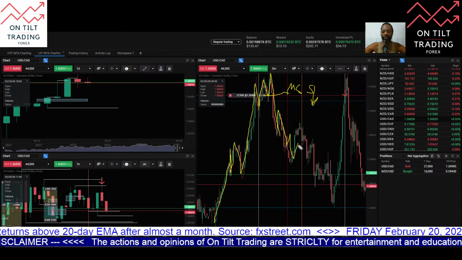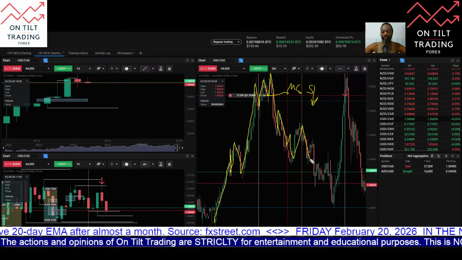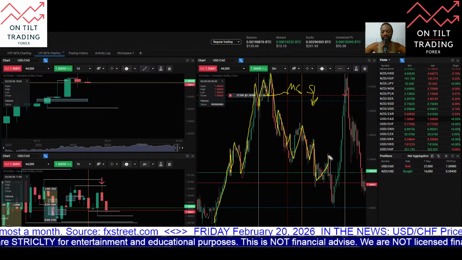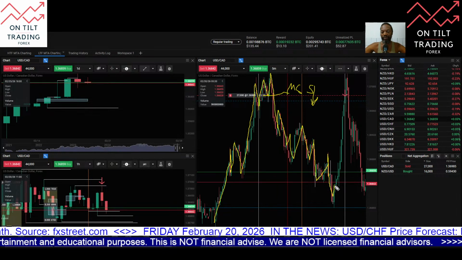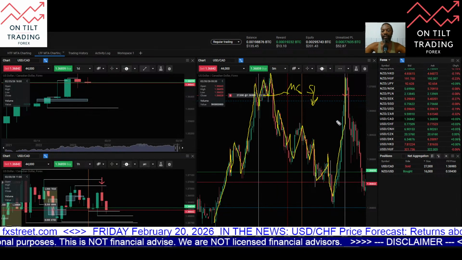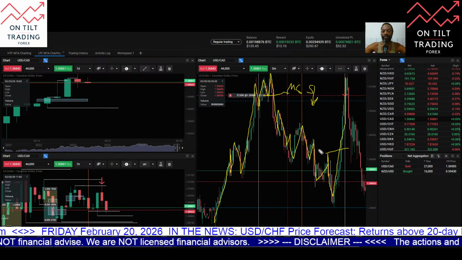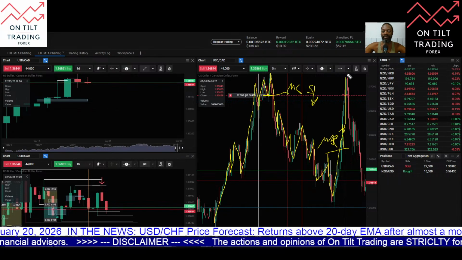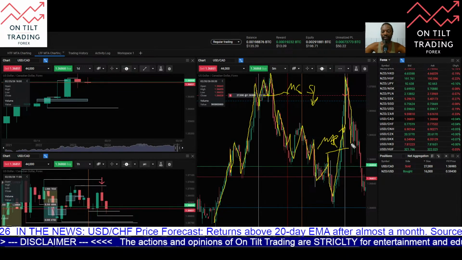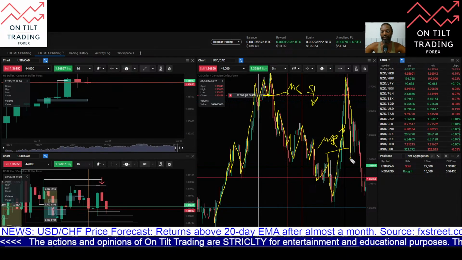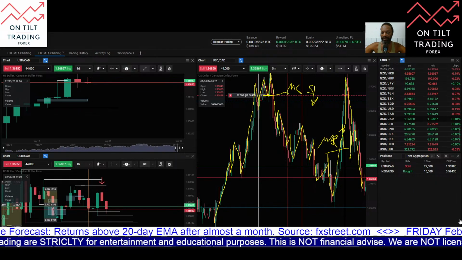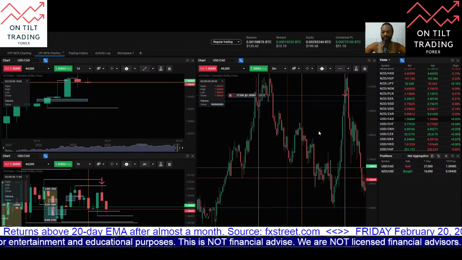lower high, lower low, higher high, lower low, lower high, lower low, consolidation here, lower high, lower low, and then higher high. So you get this market structure shift to the buy side, and then you get a low, and you get this consolidation, and now you're getting further delivery to the sell side.